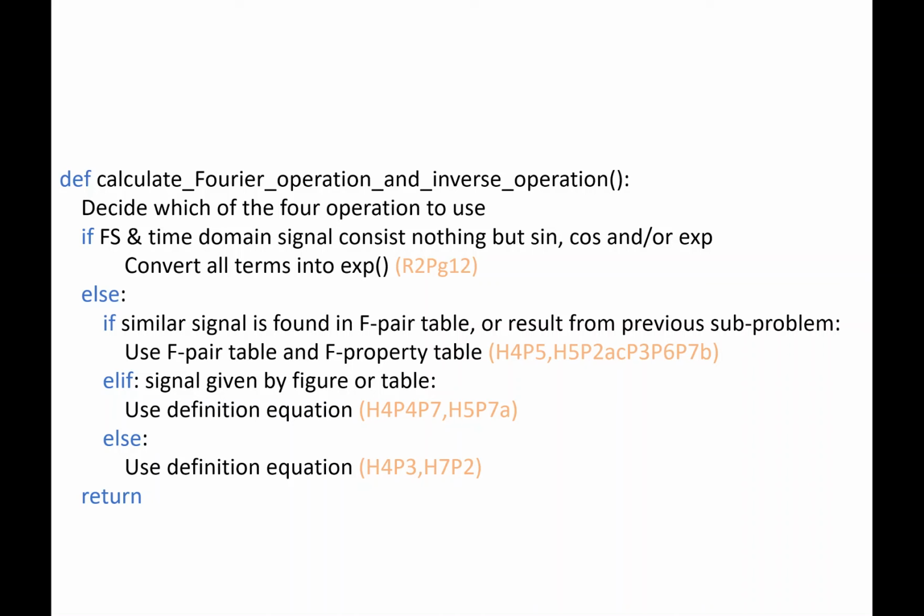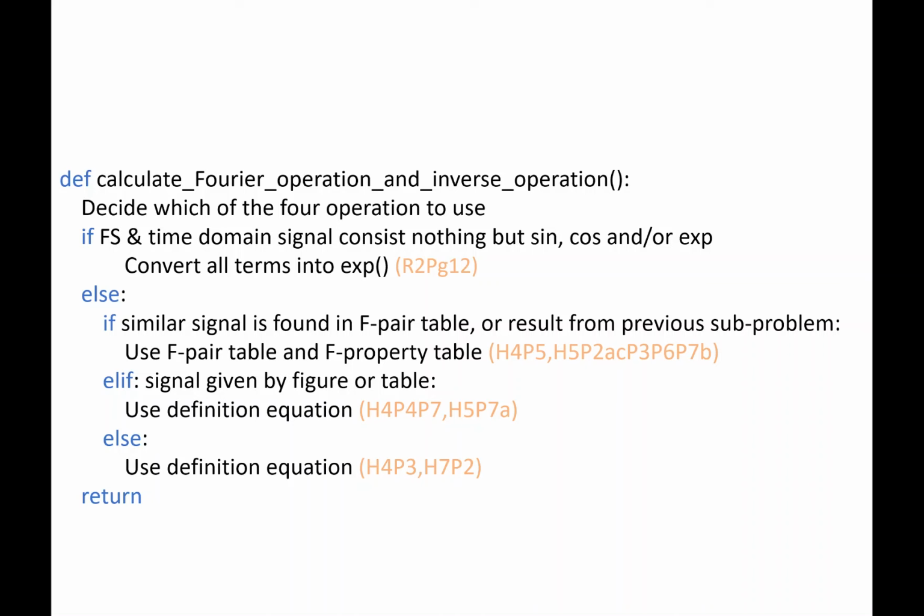One special thing is about Fourier series. In Fourier series, if the time domain just has sine, cosine, or exponential functions as each term, you are going to try to convert everything into exponentials and derive the answer by observing the terms. But if it is something else, then you will try this method.